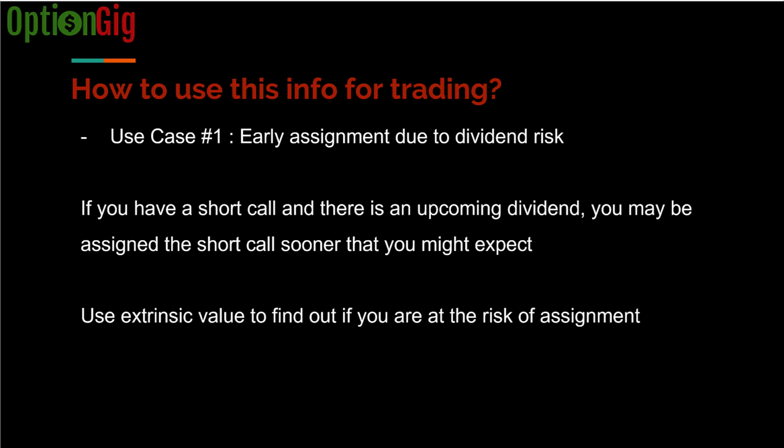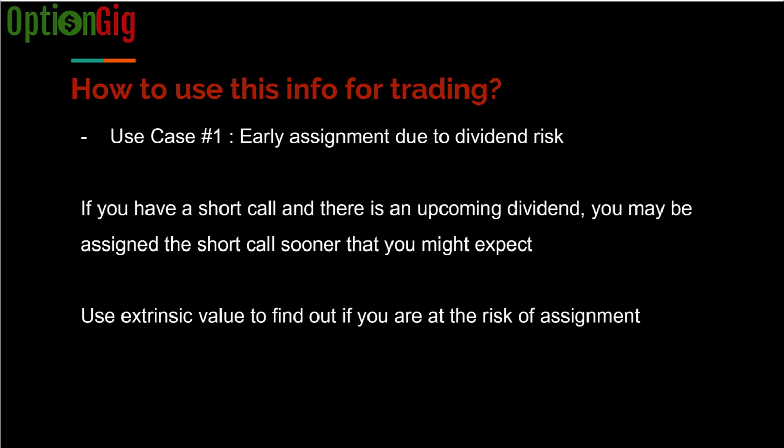So why would he still choose to do it and give up that extrinsic premium to close the trade? Only if the dividend amount is greater than the extrinsic premium which is left in the trade. Because it's okay, he's losing money on the extrinsic premium side, but he'll be getting more in the dividend to cover for that loss. So he'll still be okay with it.